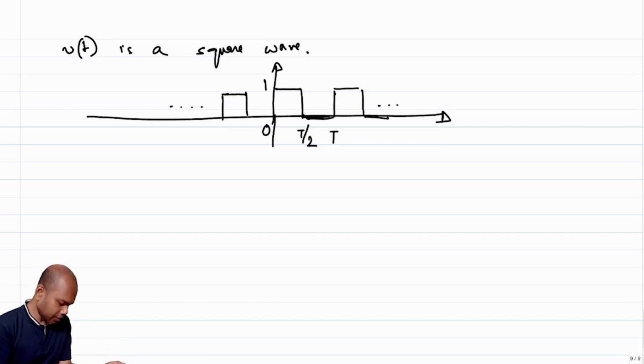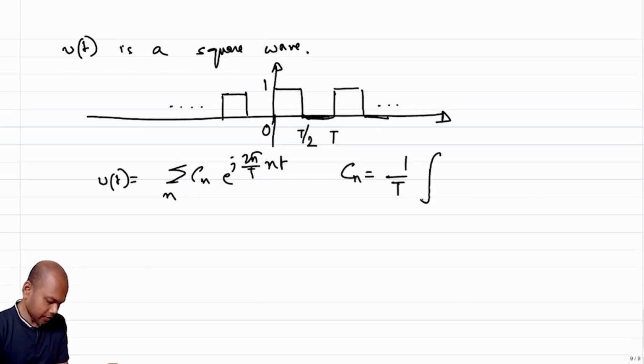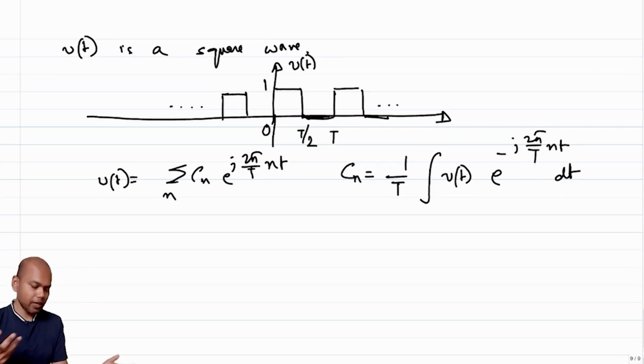So easy, right? I know that V of t is the summation over all n of Cn e to the power j 2 pi by t n t, because t is the periodicity here. Then Cn is essentially 1 over t times the integral of V of t times e to the power minus j 2 pi over t n t dt, and I can choose any one time period.